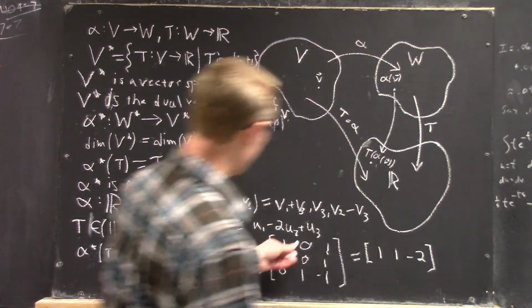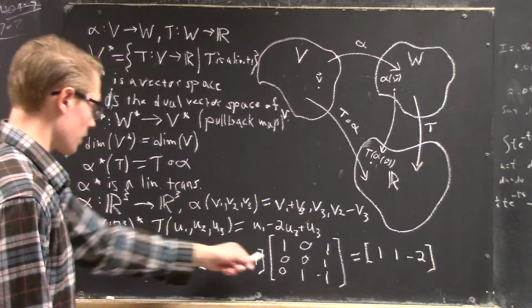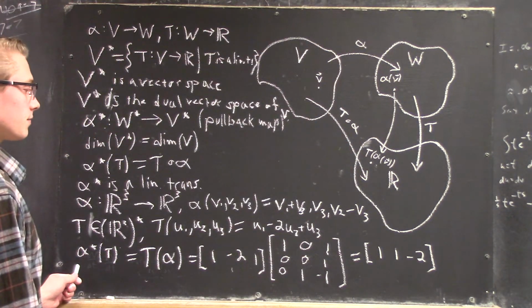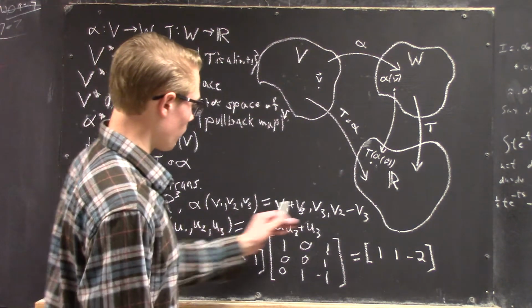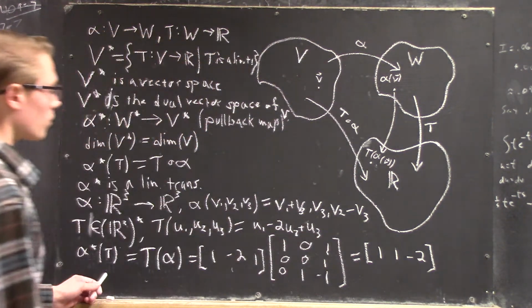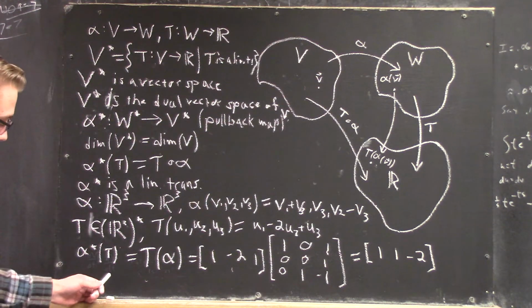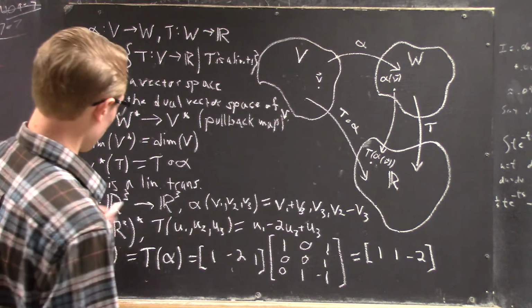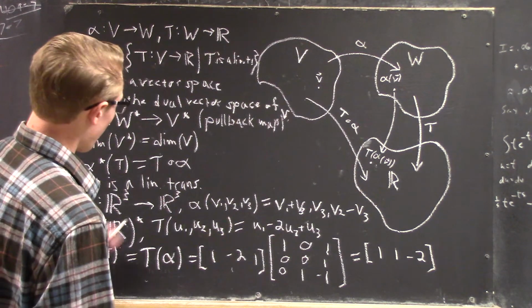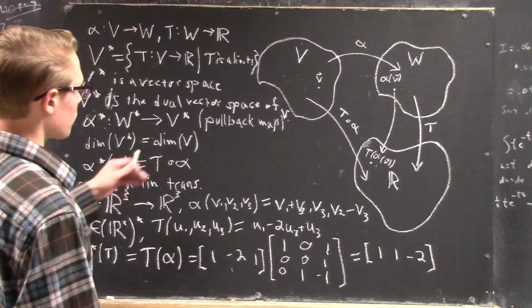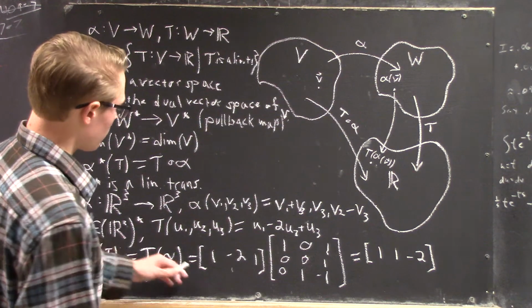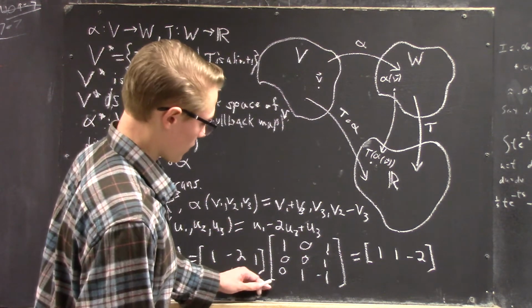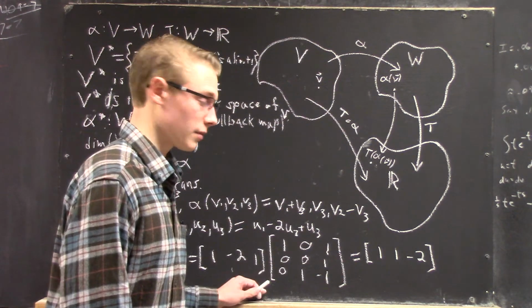And this, of course, represents this transformation, or the pullback. This brings us all the way out to here. Well, this can be generalized to show a relation between the pullback of T by alpha and the original matrix representation of the transformation.